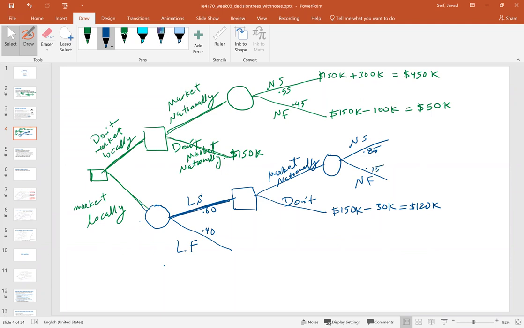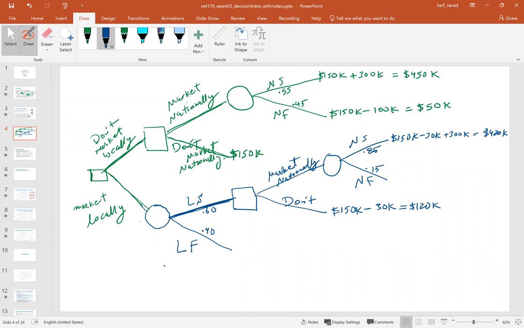All right. So if it's a national success, initially you had 150,000. You spent 30,000 marketing it locally, and then you gained 300,000 by being a national success. Now you're left with 420,000.